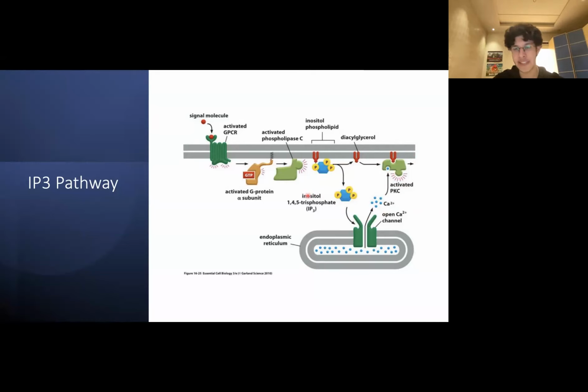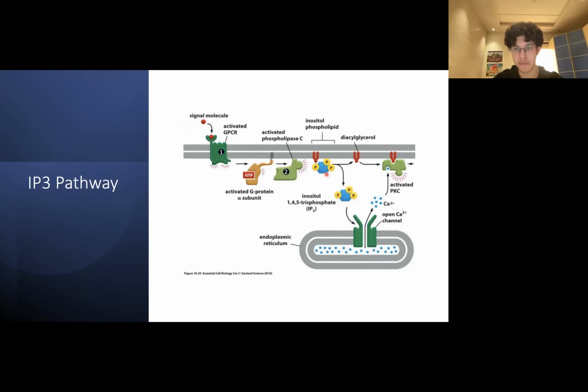Now, we don't have any fancy names to pay attention to in this pathway, which is probably better for you. However, let's just go through one more time. We already know these steps: the signal molecule will bind to the GPCR, triggers a change, alpha subunit with GTP sequestered, and then we get to phospholipase C, which breaks PIP2 into DAG and IP3.